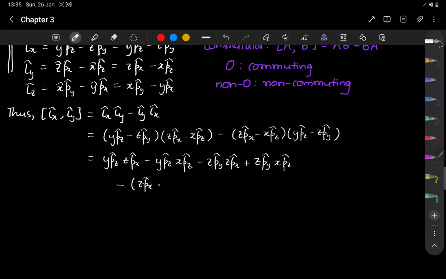z px y pz minus z px z py, minus x pz y pz plus x pz z py.